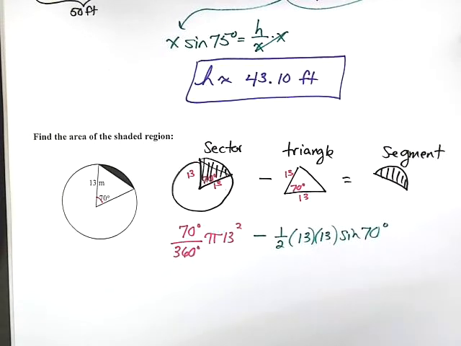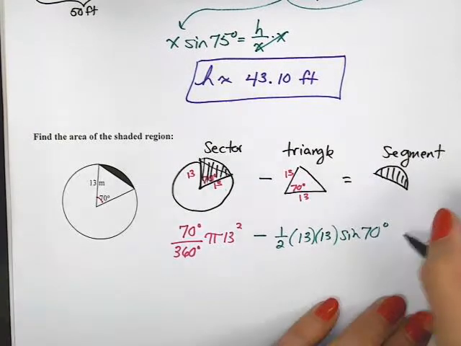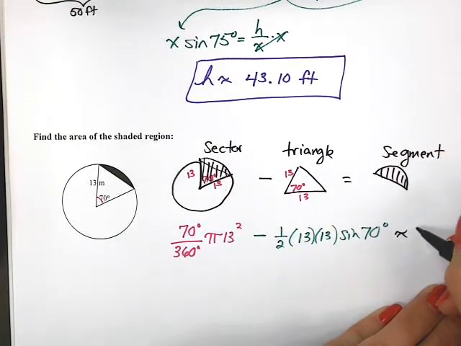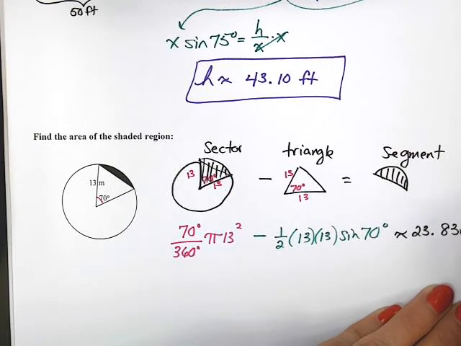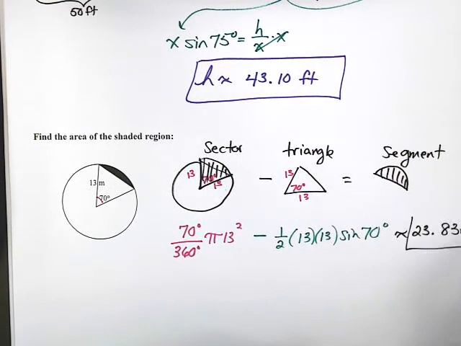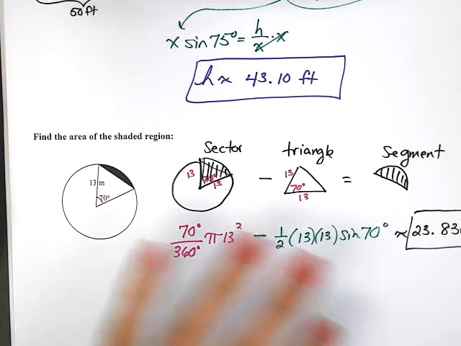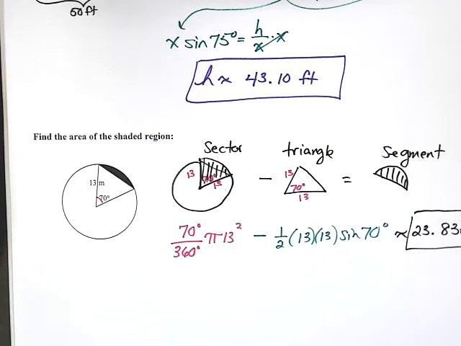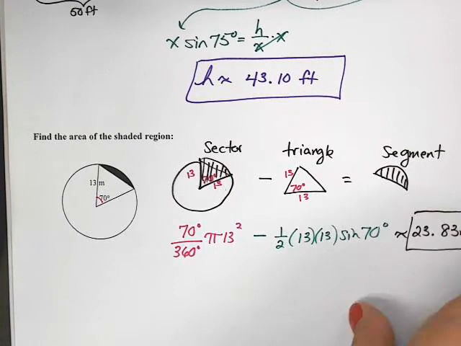And then type all that in your calculator at once. And the answer is 23.83 meters squared. Okay, seeing as how we did sector in 2 of our chapters, please be ready for that.